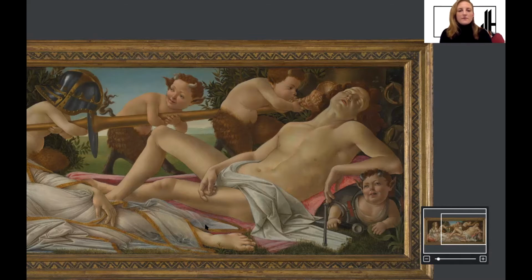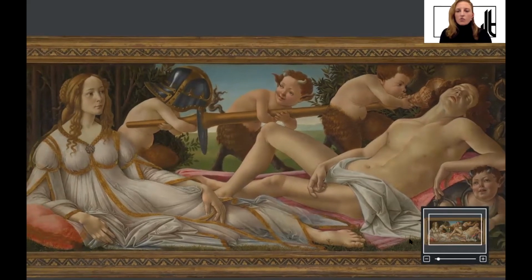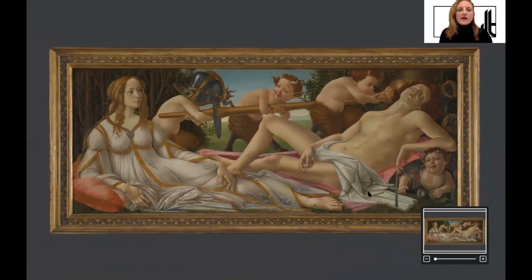So we have these two figures, one draped and female, one almost nude with a piece of fabric covering his groin, and male. And then around them, we have a very luscious landscape.